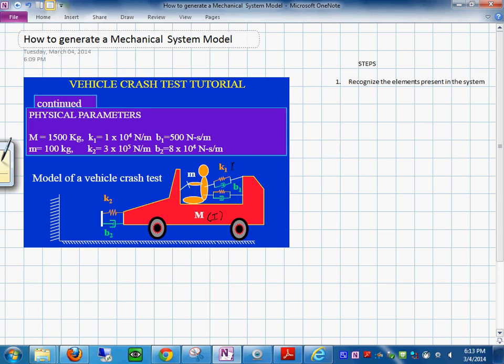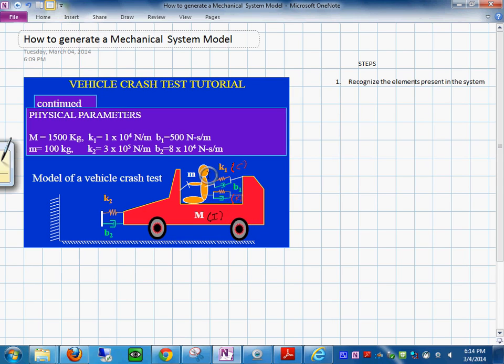So those are C elements. Why don't we change the color here, so this is a C element over here, and this over here is the damping. This would be a resistive element, obviously.